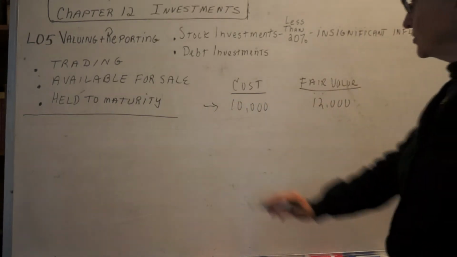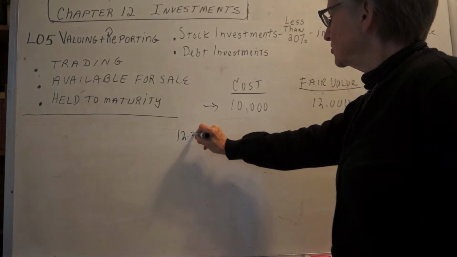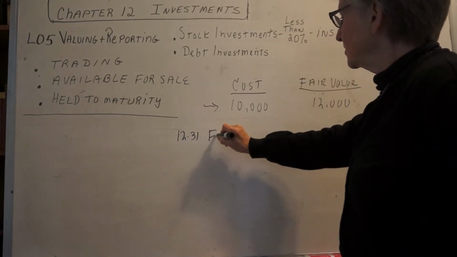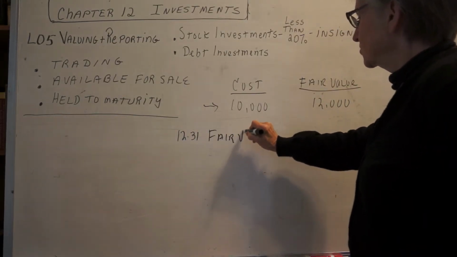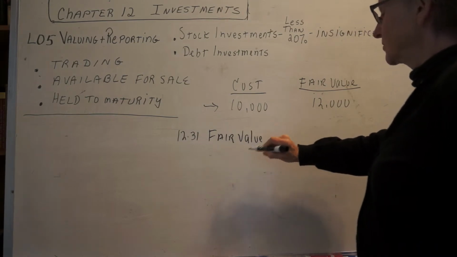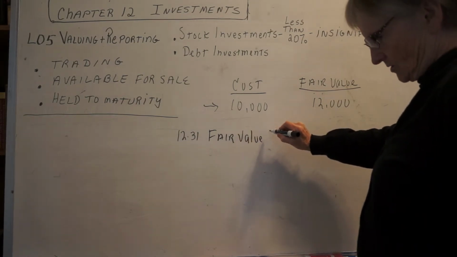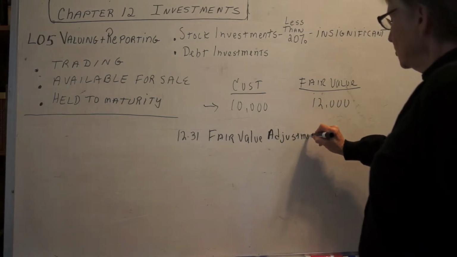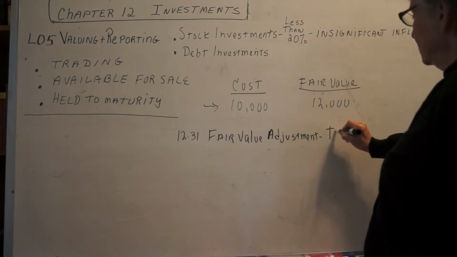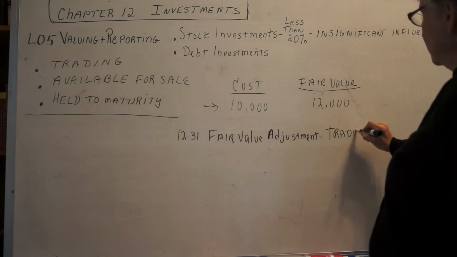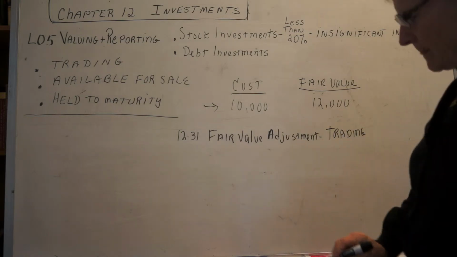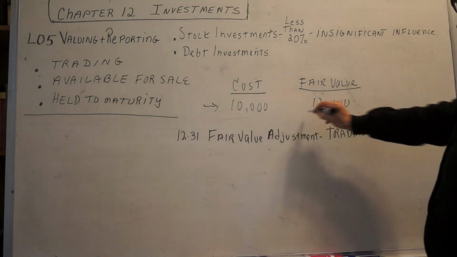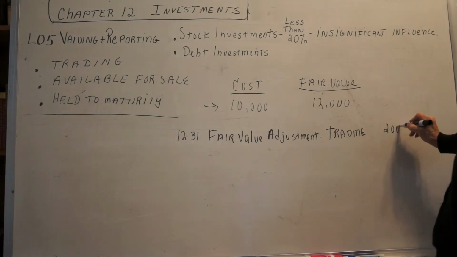So at 12/31, each end of the year, we're going to make a fair value adjustment. And so, accounting being very sneaky, we call it fair value adjustment. That's the name of the account. And we have to say which account we're adjusting, and it is trading. You have to have that there, trading. Okay? So we would adjust this up, the $2,000, to get it at market value.